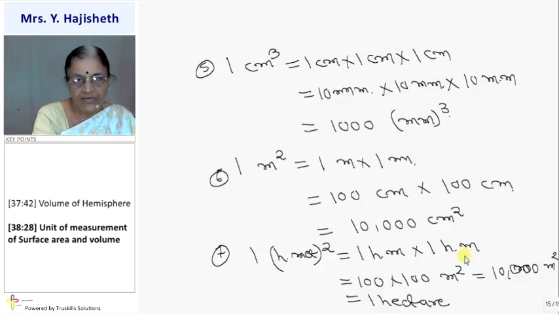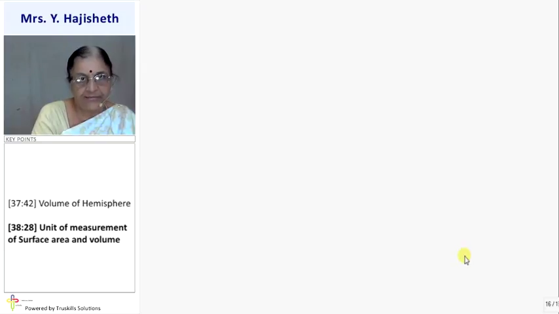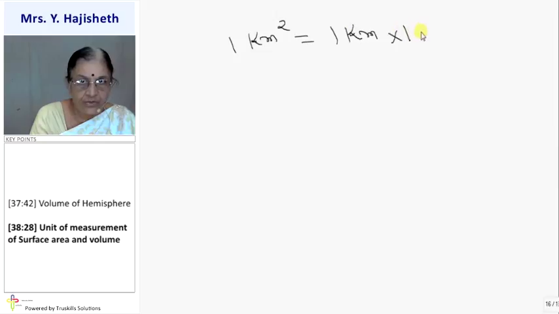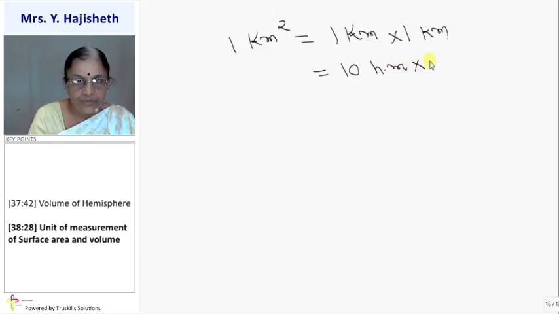So 1 kilometer square is 100 hectare. Now we are taking 1 kilometer square is equal to 1 kilometer into 1 kilometer. That is 10 hectometer into 10 hectometer. Hectometer and hectare are different. So it is 100 hectometer square.